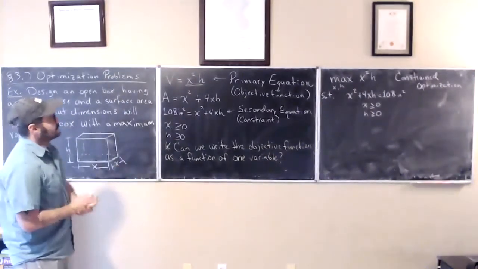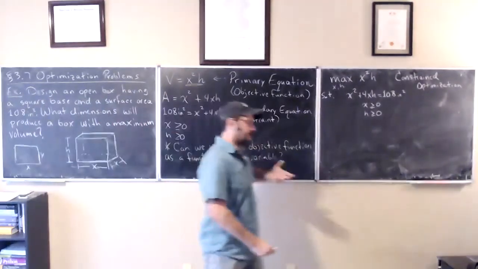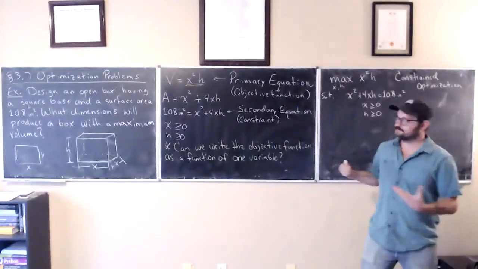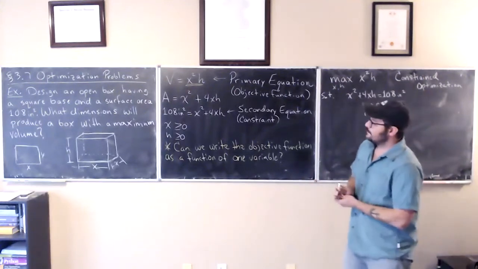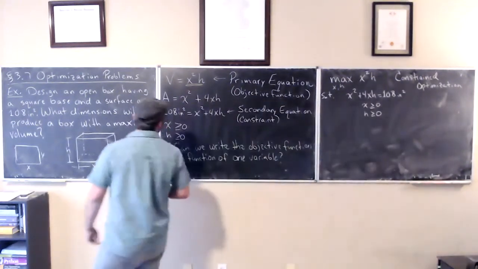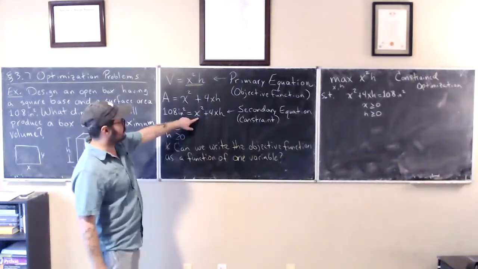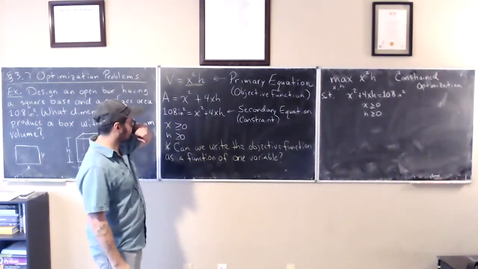Because right now it's a function of two variables, x and h, and we don't know how to do that in Cal 1, right? So it turns out that we can if we use this secondary equation here.